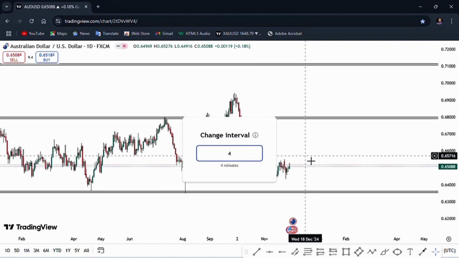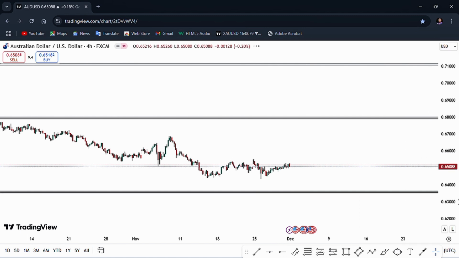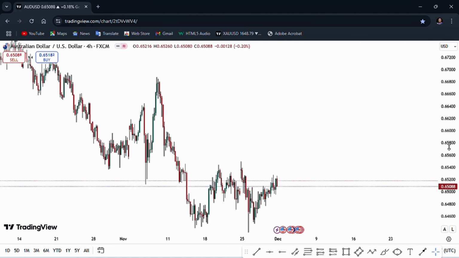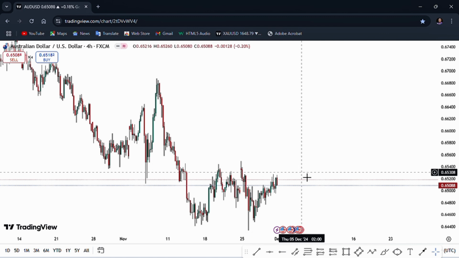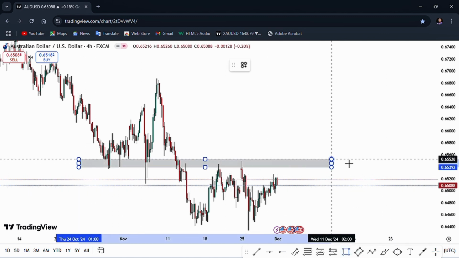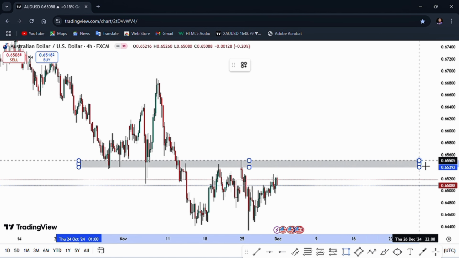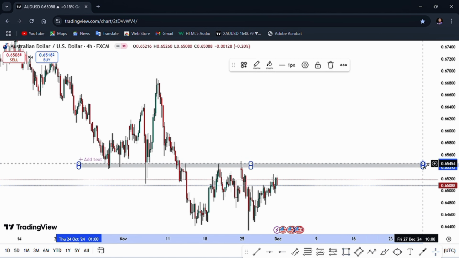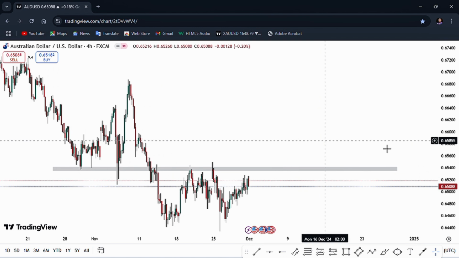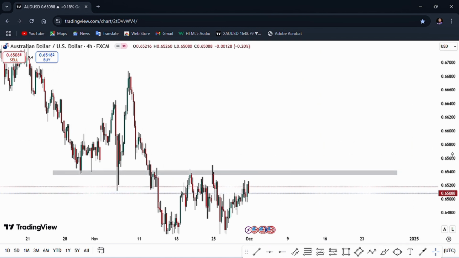Now, let me go down to the 4-hour for trade entries and exits. I love my trade entries to be on the 4-hour or at least the 1-hour time frame. Now, on the 4-hour, let this be here. I will only be interested in an AUD USD buy if price breaks above the neckline.